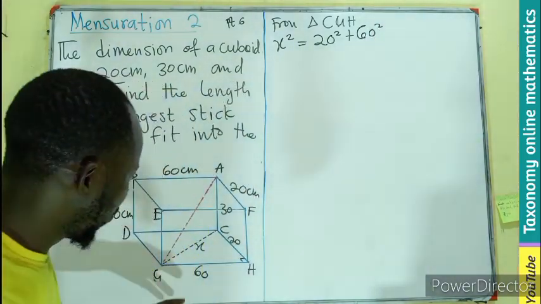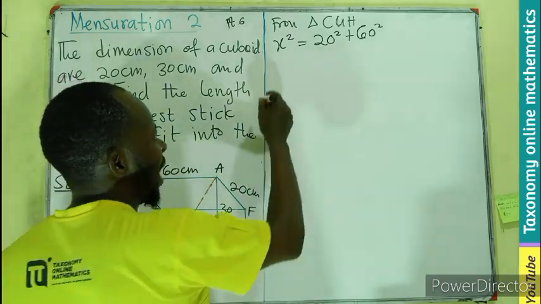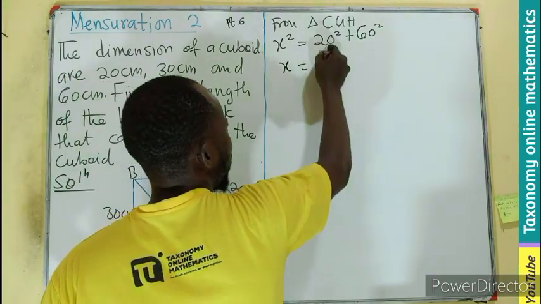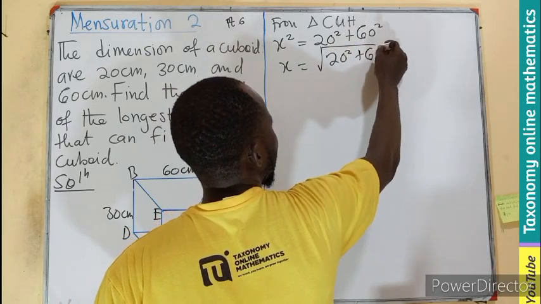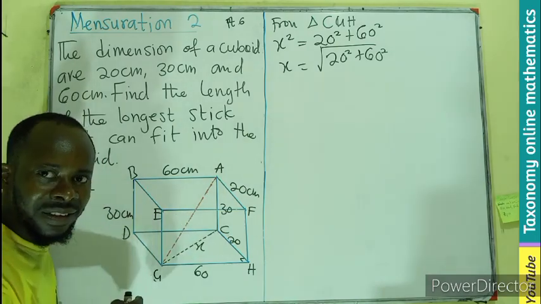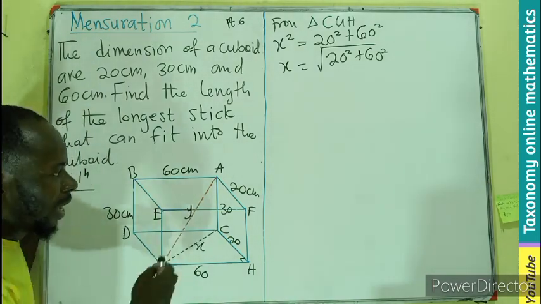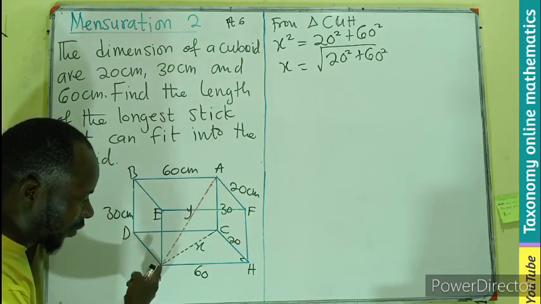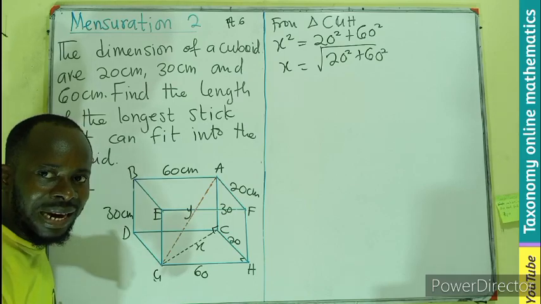That will be for this side. And if you are looking for X, that will just give you the square root of 20 squared plus 60 squared. It means I know X. I can now find the red line, which is Y. And this is also going to be a hypotenuse. The line from here forms 90 degrees at the base there.